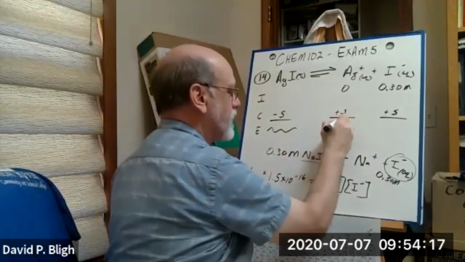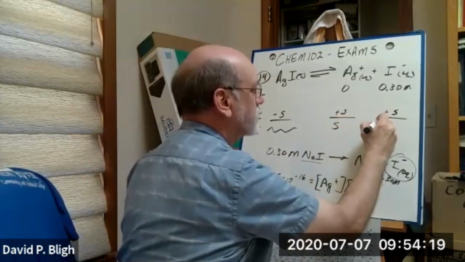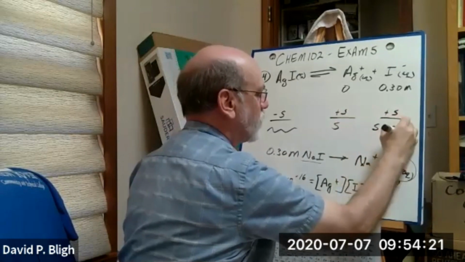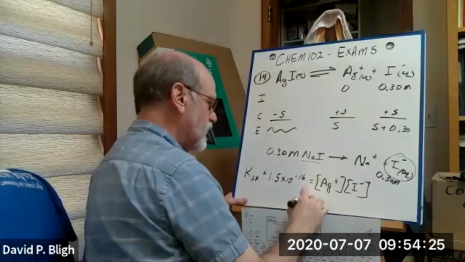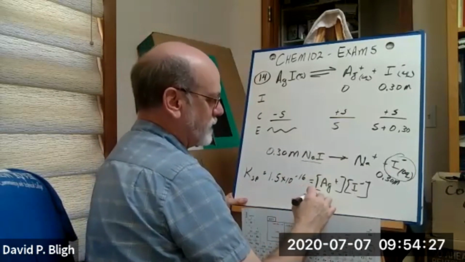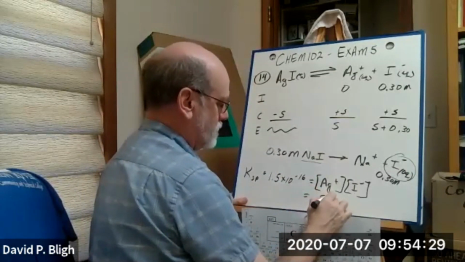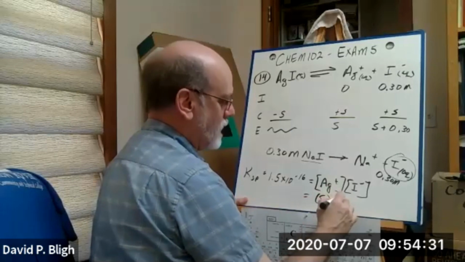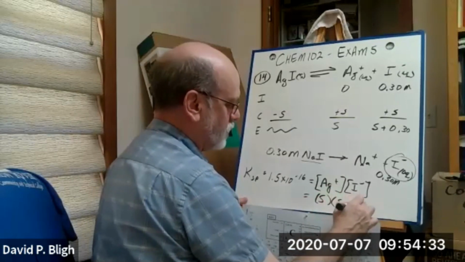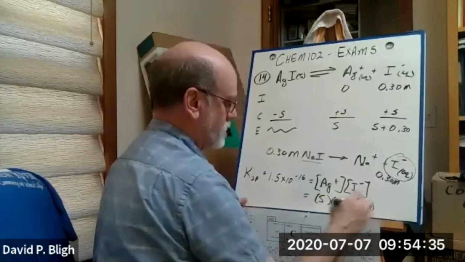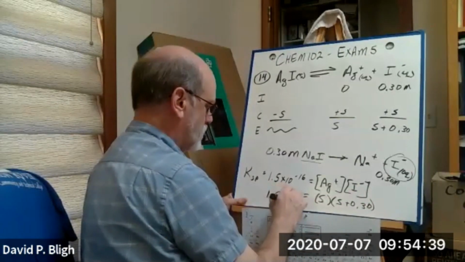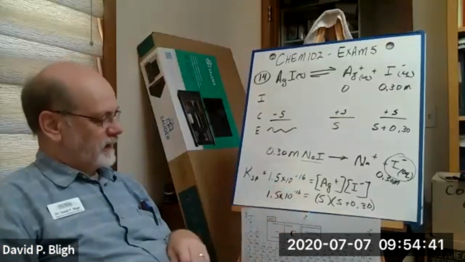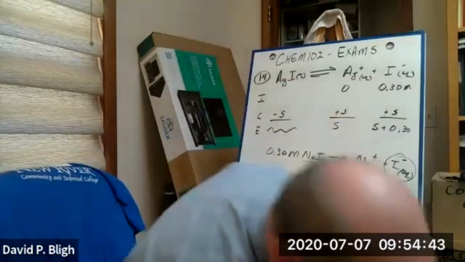Okay? So we have S and S plus 0.30. So this expression would be S times S plus 0.30 equals 1.5 times 10 to the minus 16.